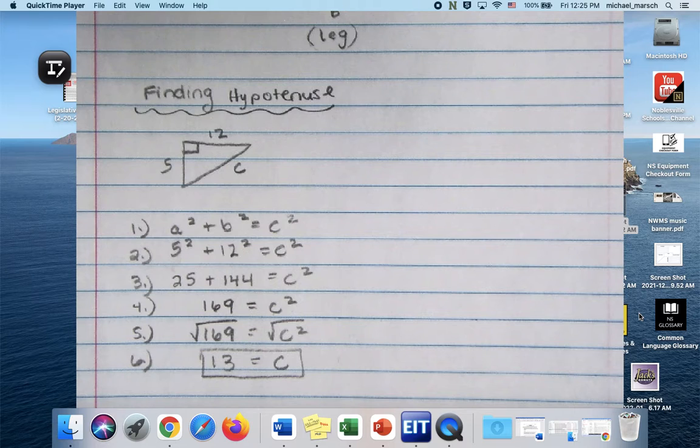Because, okay, I'm going to show you guys something in a second on the calculator. All right. So on your Desmos calculator, you would put the square root symbol and then 169, and that tells me that 13 times 13 gives me the 169.